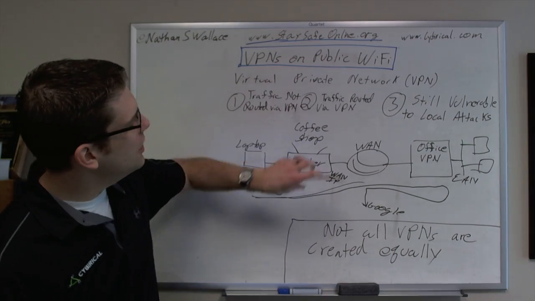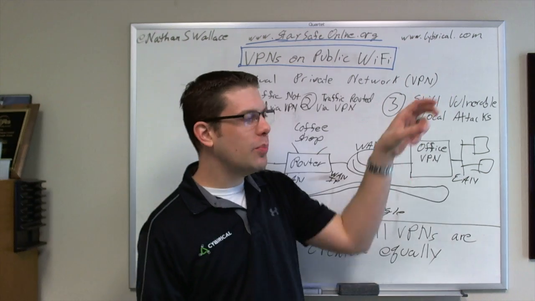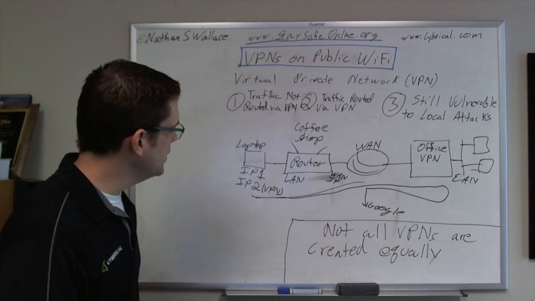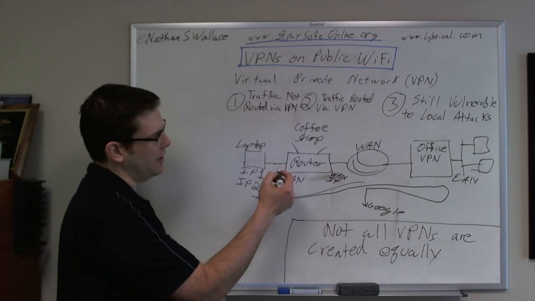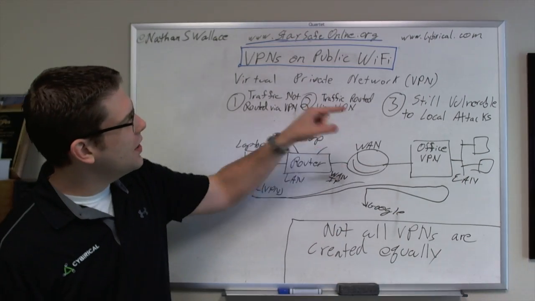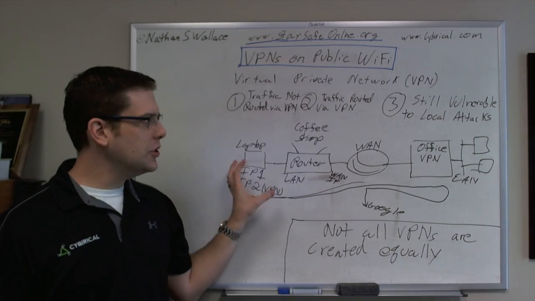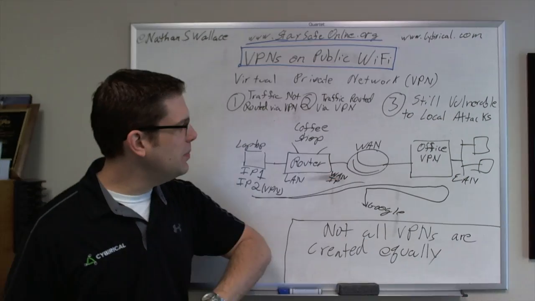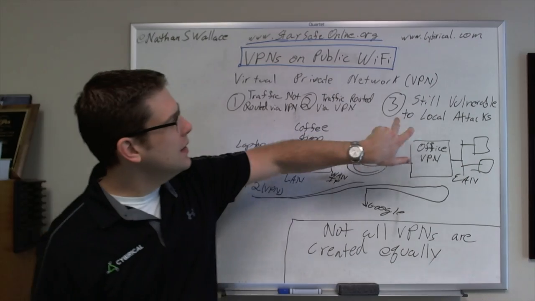So we have this scenario, and then the third point, the really big point that I want to get across, is any other machine. Yes, you're connected to the VPN. Yes, let's say all of your traffic is being routed through the office VPN. But guess what?